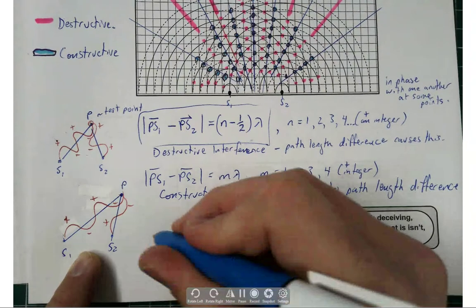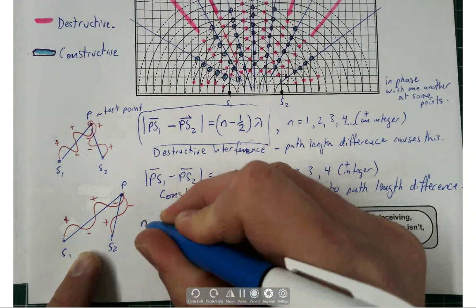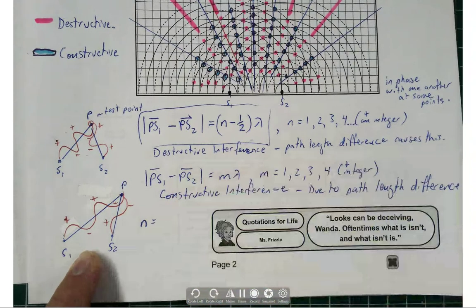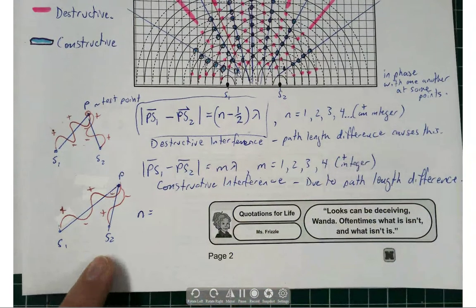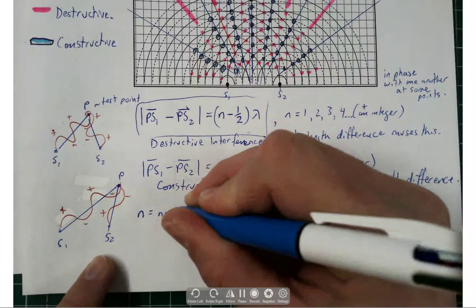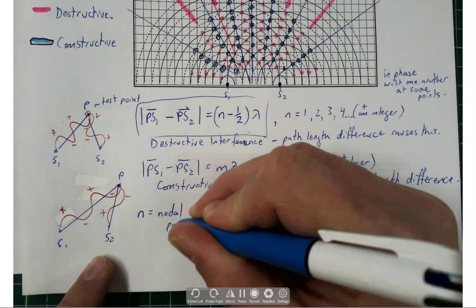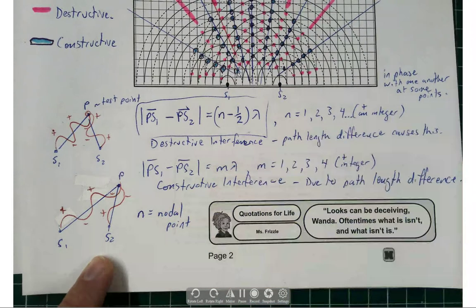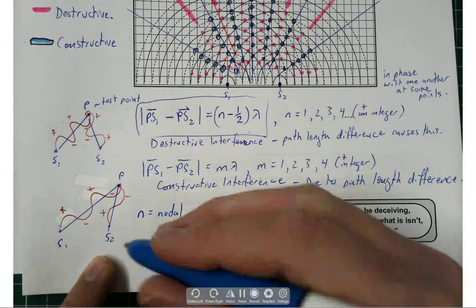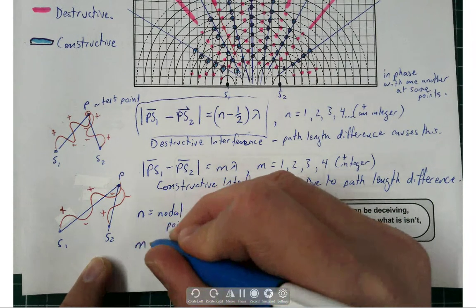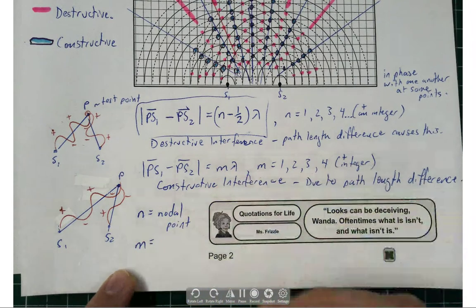It's like using a word in its own definition almost. But then I also want to point out this. When I say n, I intentionally used n for the destructive interference integers because that's where the nodal points will happen. And nodal, just like in sound waves, means destructive interference, nodes, as opposed to antinodes. Now, I'm not going to use a for antinodes. I'm going to use m as the other integer.